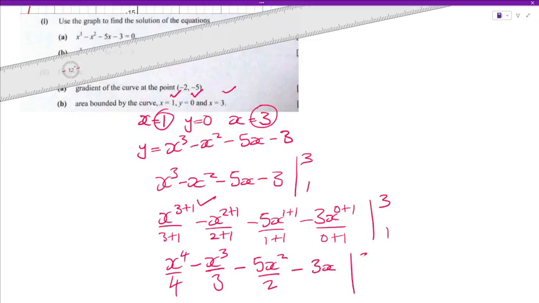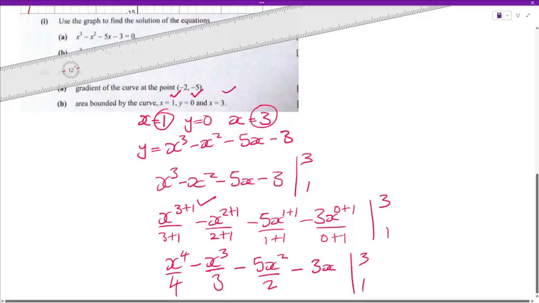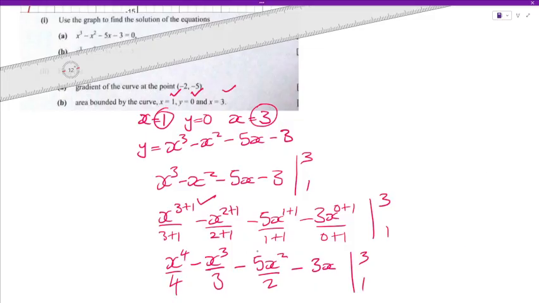The upper limit is 3, lower limit is 1, and you are done integrating. There's nothing you can simplify here. So at this point, all you have to do now, let me try to scroll down.